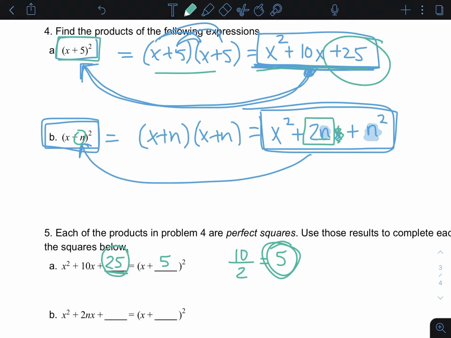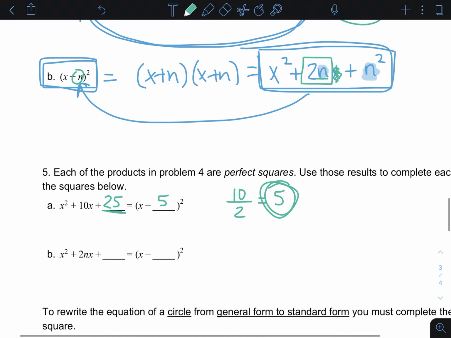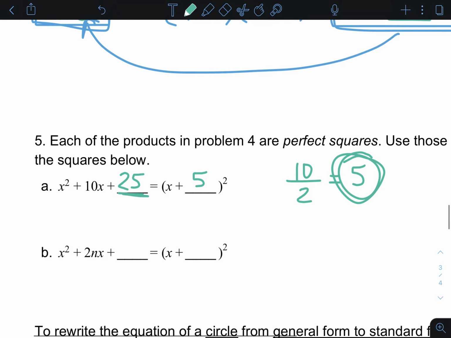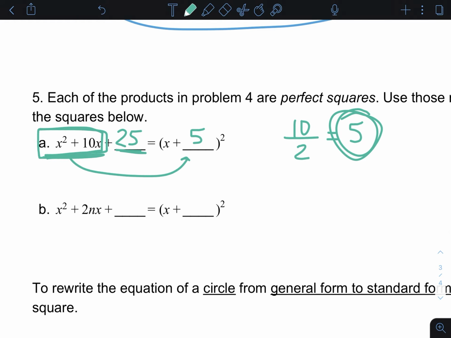Well, that's where that 25 is coming from. So we are going to be using this pattern to take a fragmented portion like this to the compact portion that you see there, x plus 5 squared.